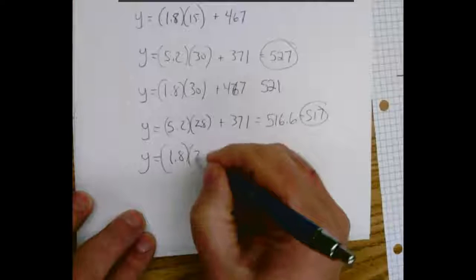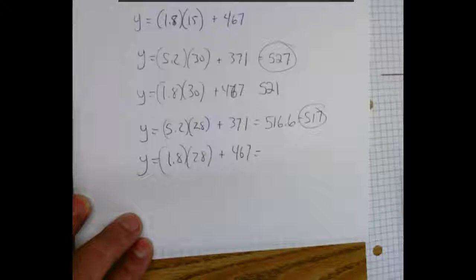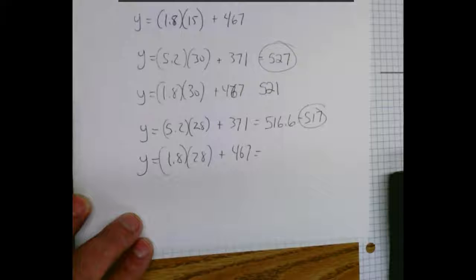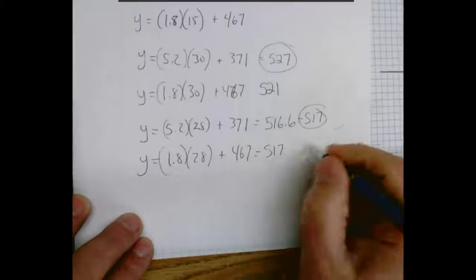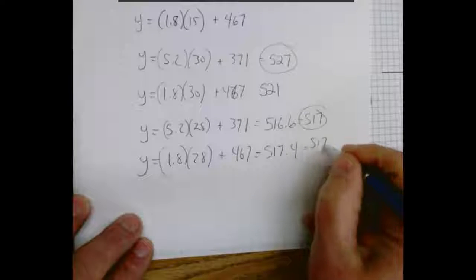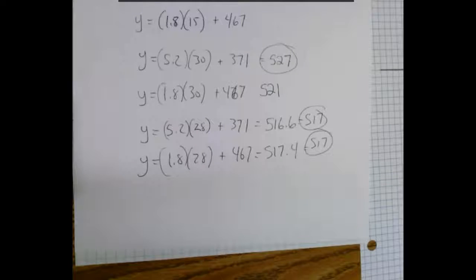So 1.8 times 28 plus 467 is 517.4, we'd call that 517. So somewhere a little less than 28. We could figure out exactly where that is if we just kept messing around a little bit, like 28.2. But you can see how it works.